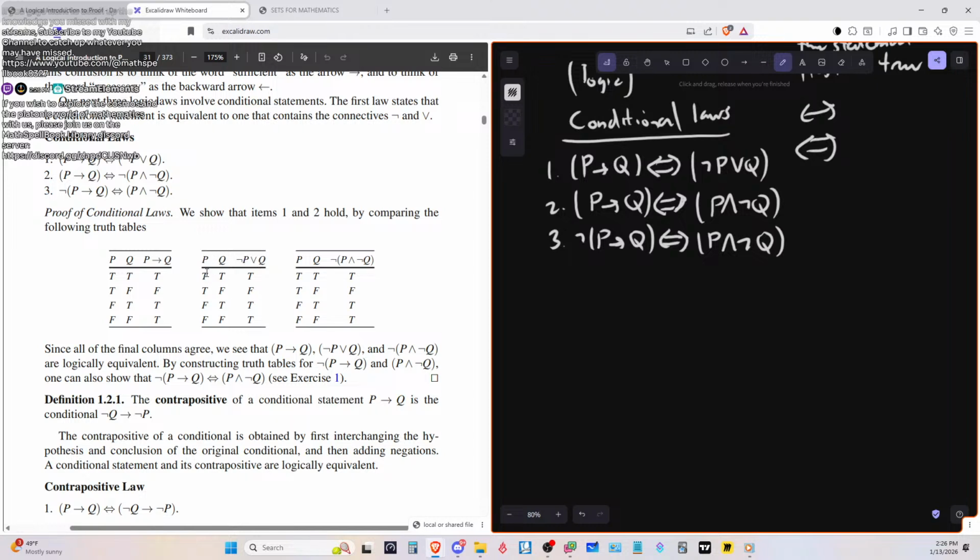Not P and Q. So that would be false, false and T, that would be true because it's an or statement. Yeah, so you would end up like that. Okay. Since all of the final columns agree, by constructing, oh, they actually were doing a proof here. Okay.